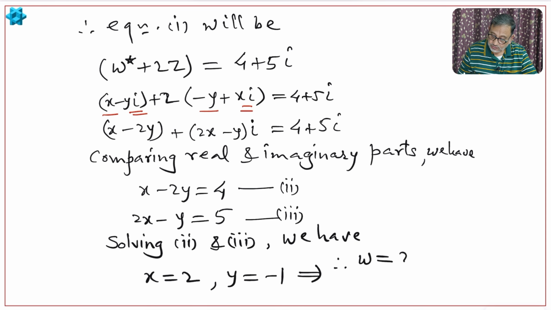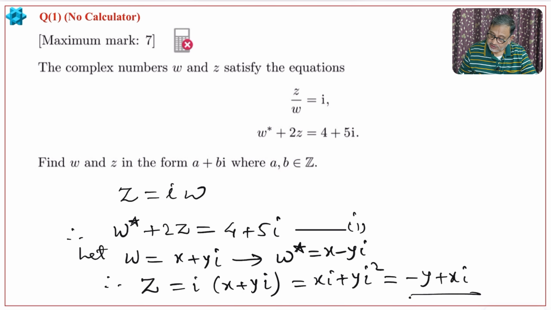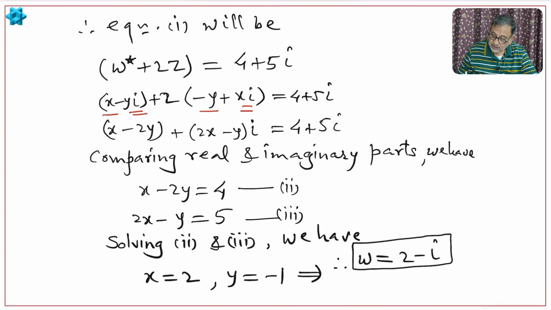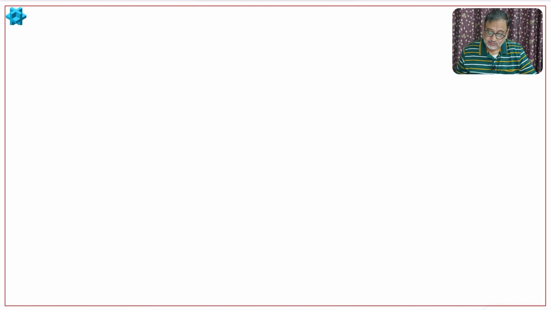So x is 2, y is minus 1, so w is 2 minus i, and z was minus y plus xi, so z will be minus y, minus of minus will become plus, 1, and plus xi, which will be 2i, right. So this will be the value of w and z. This was asked in this question, of course. So this is the solution, right.